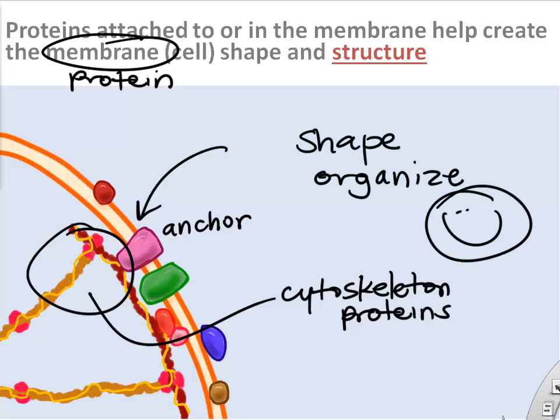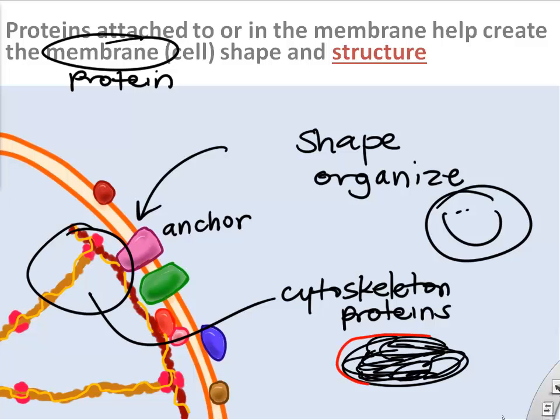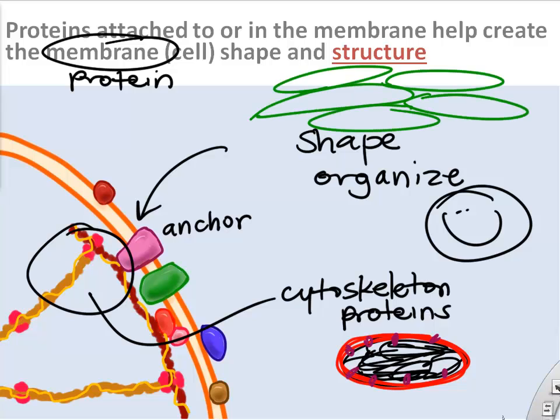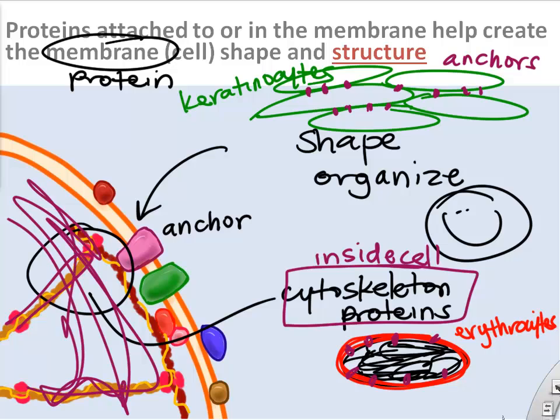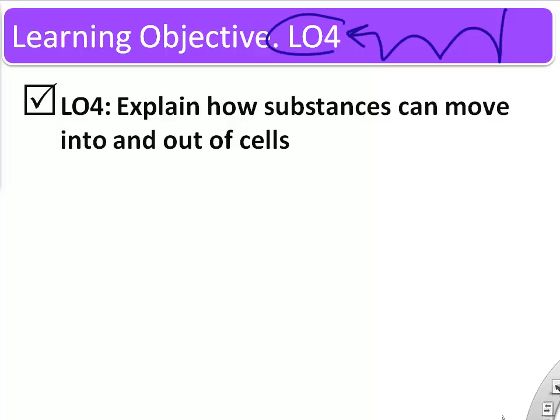This gives your cell its shape by anchoring the membrane to this network of proteins inside your cell, kind of like a scaffold, so you can make cells discs or star-shaped. Again, it requires proteins. The other thing is these membrane proteins can also anchor cells to each other. So again, your cell proteins that are in the membrane can link to other cells, for example, keratinocytes in your skin. All right, we'll talk more about cytoskeleton proteins inside your cell in a second.